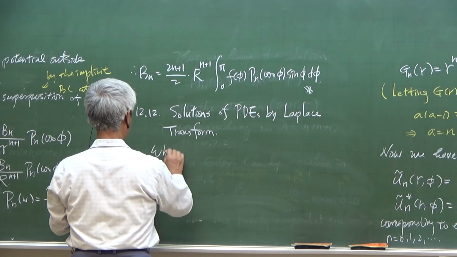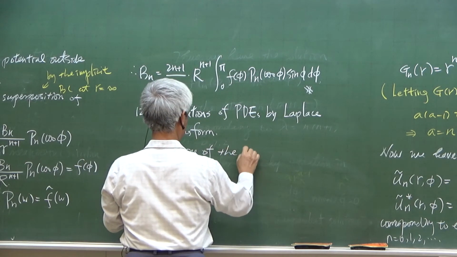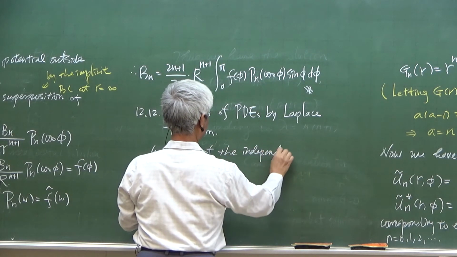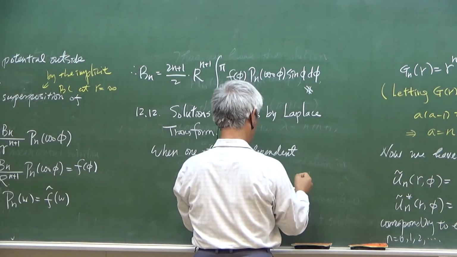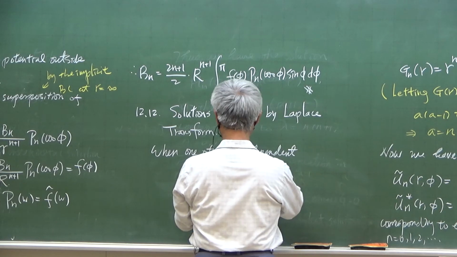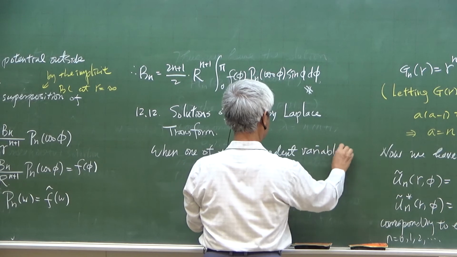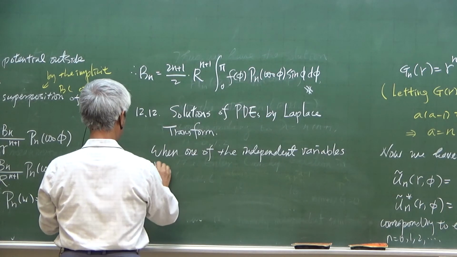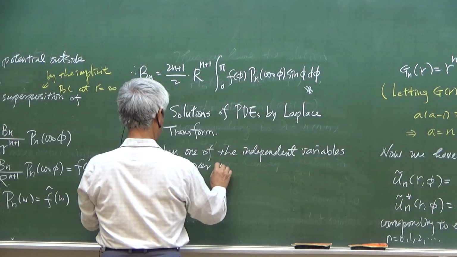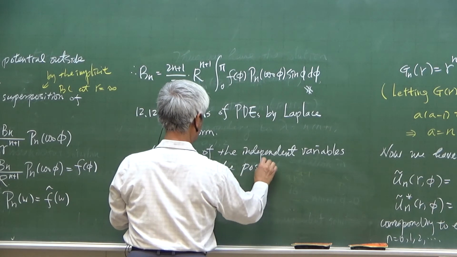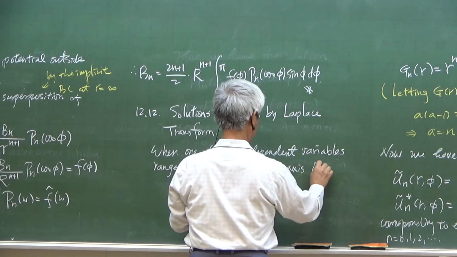And the problem is, when should we use the one-sided Laplace transform? When one of the independent variables ranges over the positive axis from 0 to infinity.